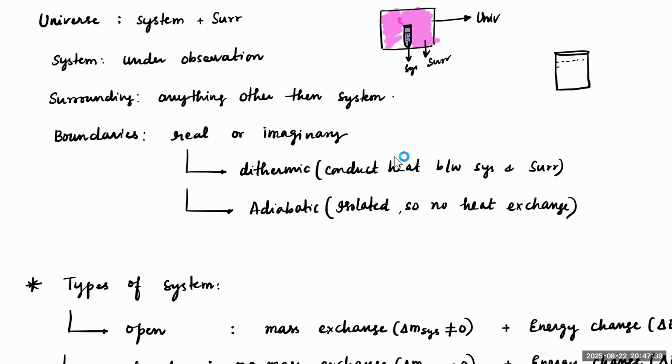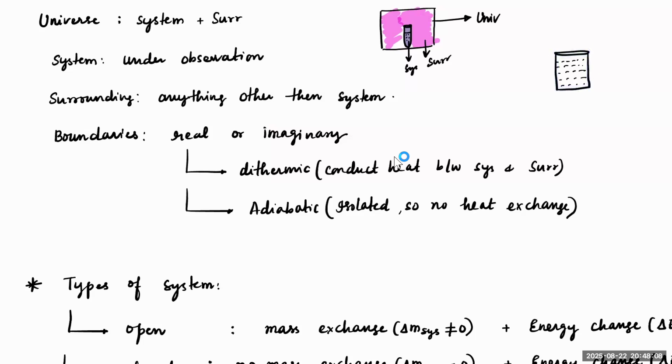Let's say this is how it is present. Now this glass, including everything in the glass, is my system. And the entire periphery of this glass is what we call the boundary. And this is a real boundary.